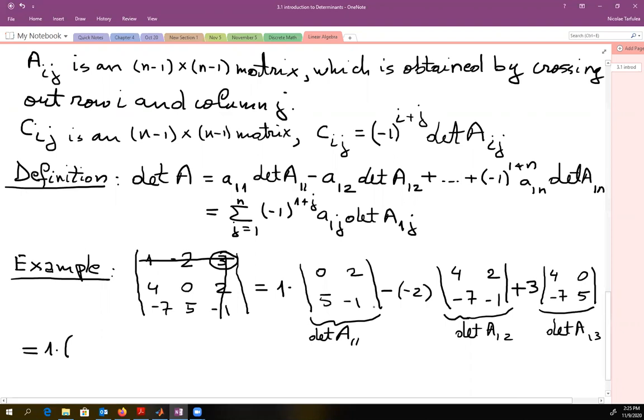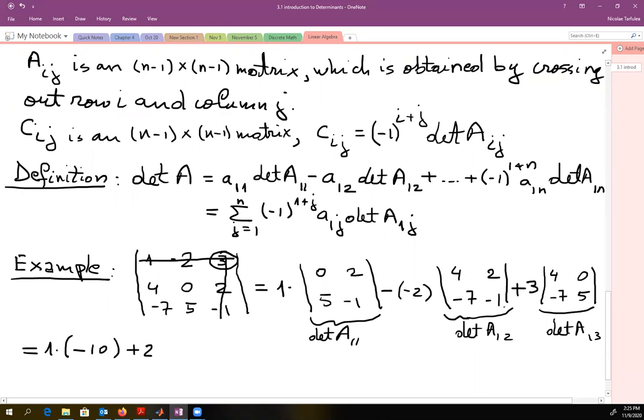Okay, so what's the first determinant? -10, right? So it's 0 times -1 minus 5 times 2. So that means -10. And then you have plus 2, since -1 times -2 is plus 2, times what?